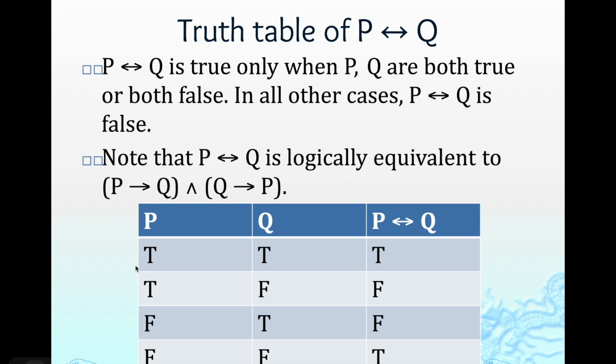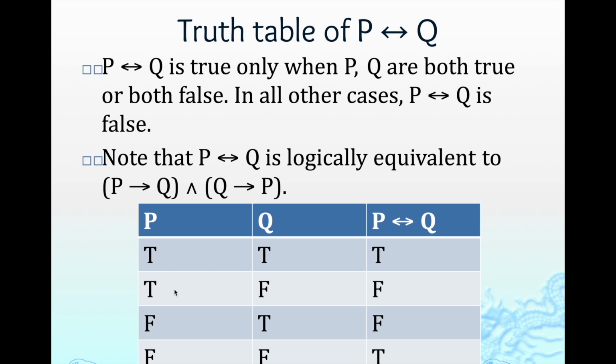So let's see here. For P is true and Q is true, because the truth values are the same, P iff Q is true. So here, as P is false and Q is false, they have the same truth value here, and then P iff Q is true here.